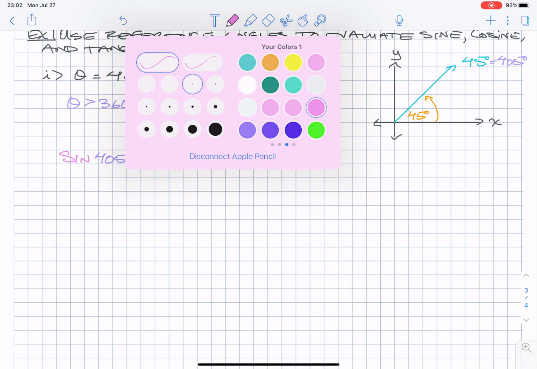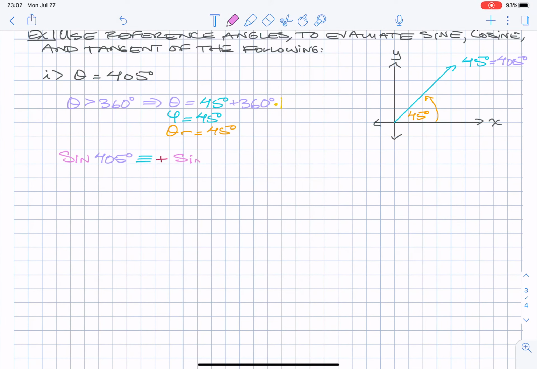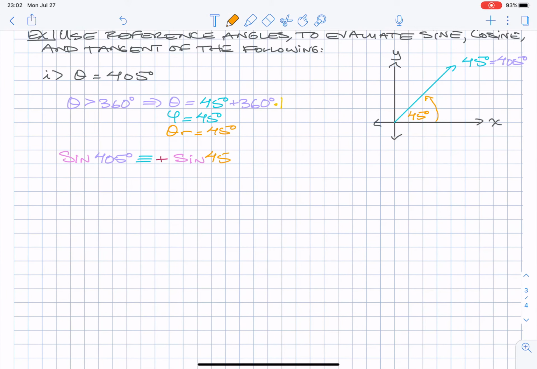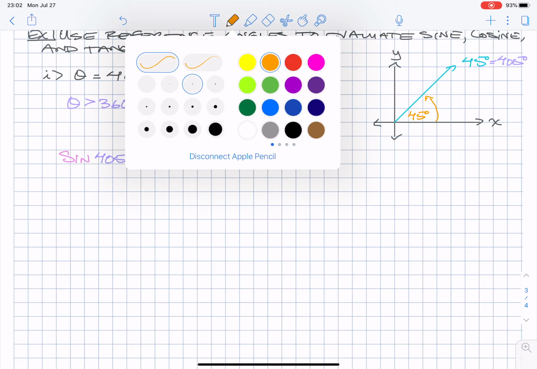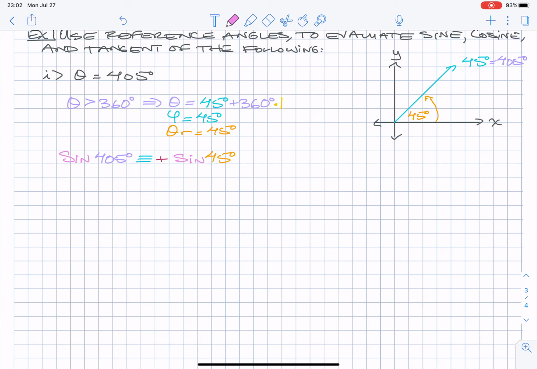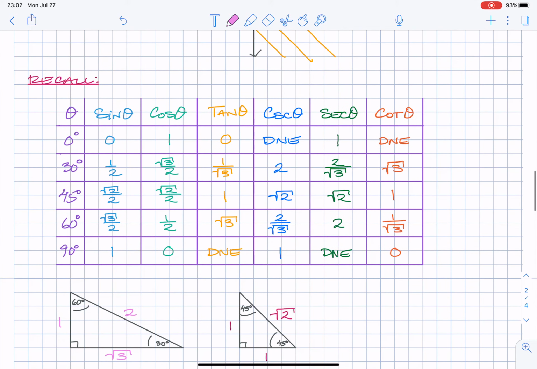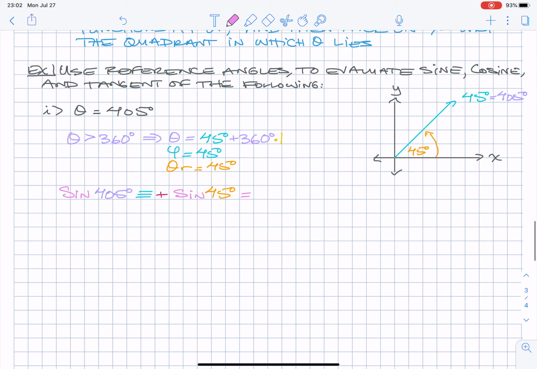And then this will be sine of the reference angle, 45 degrees. Okay, so I can then go back to my chart. Sine of 45 degrees, root 2 over 2. So this is positive root 2 over 2.